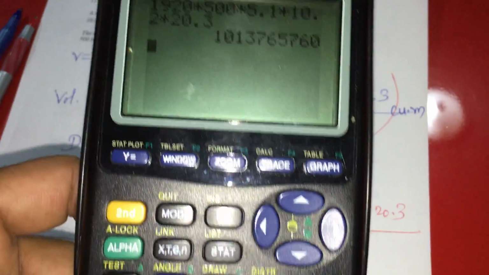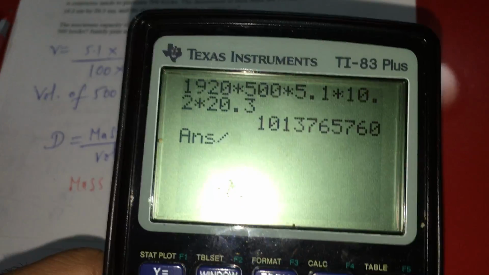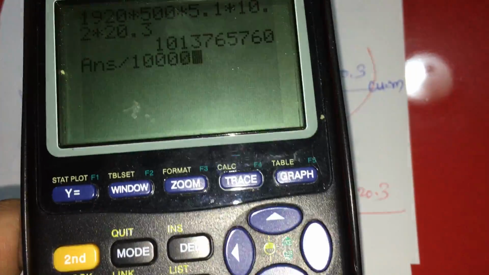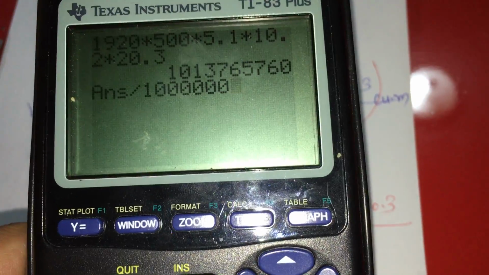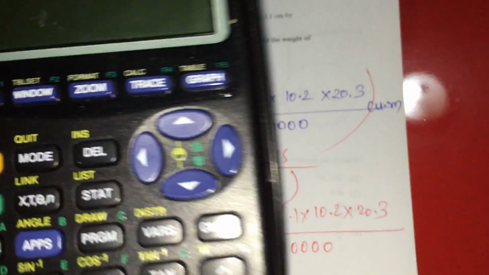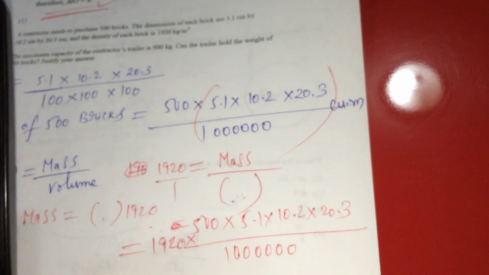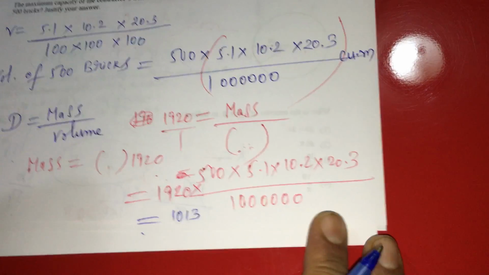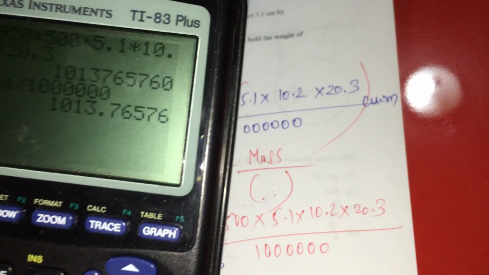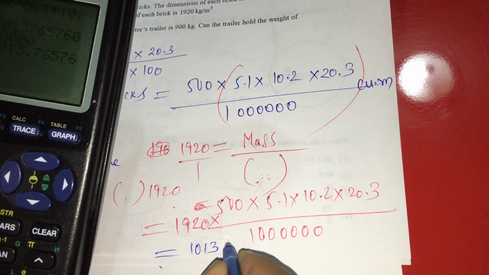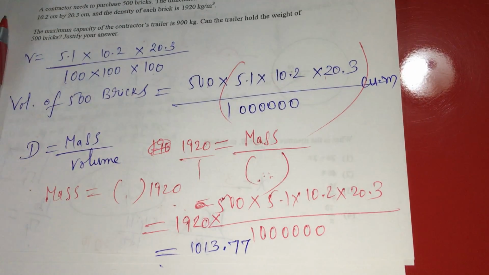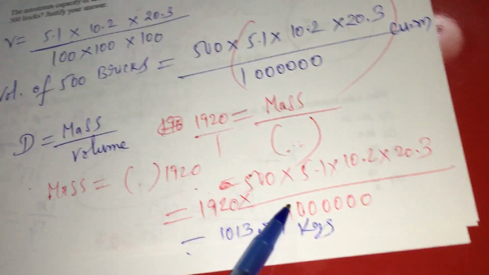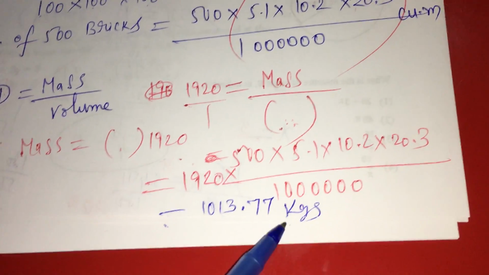So I am doing division, pressing 1 and 6 zeros, 1, 2, 3, 4, 5, 6, enter. Now we got here 1013.765, that means 1013.77 I can take. This is mass in kilograms. So the mass of 500 bricks is this many kgs.